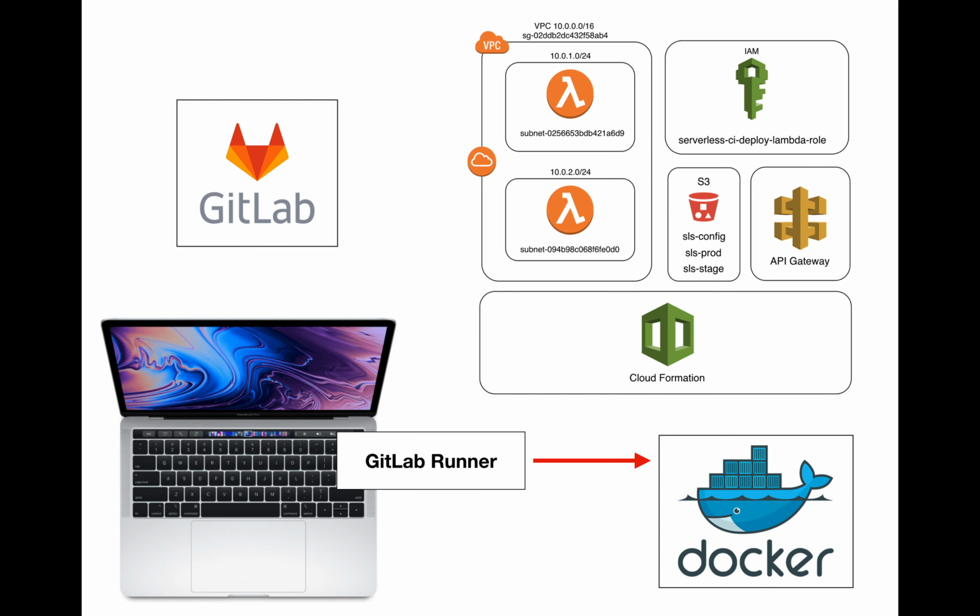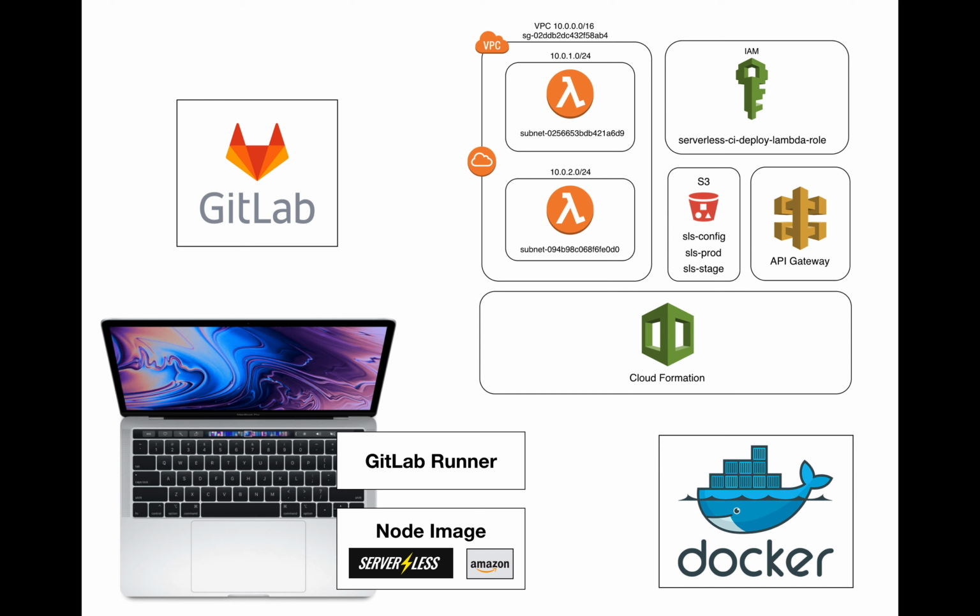So this shows that we're going to get our node image from Docker Hub. We get our image, we install serverless and the Amazon CLI library. We get our configuration files from the SLS configuration bucket. We copy them down. Then we tell serverless to deploy this stuff.